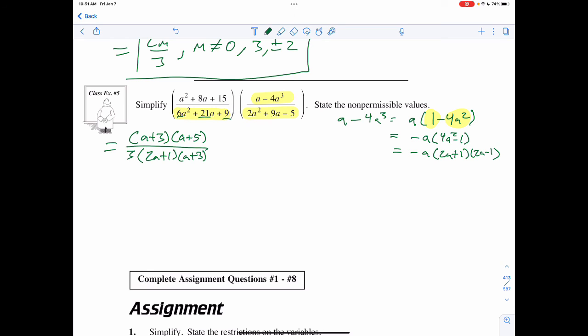We've already taken care of this one, negative a, 2a plus 1, 2a minus 1. And on the bottom, when I use decomposition, I get 2a minus 1 and a plus 5.